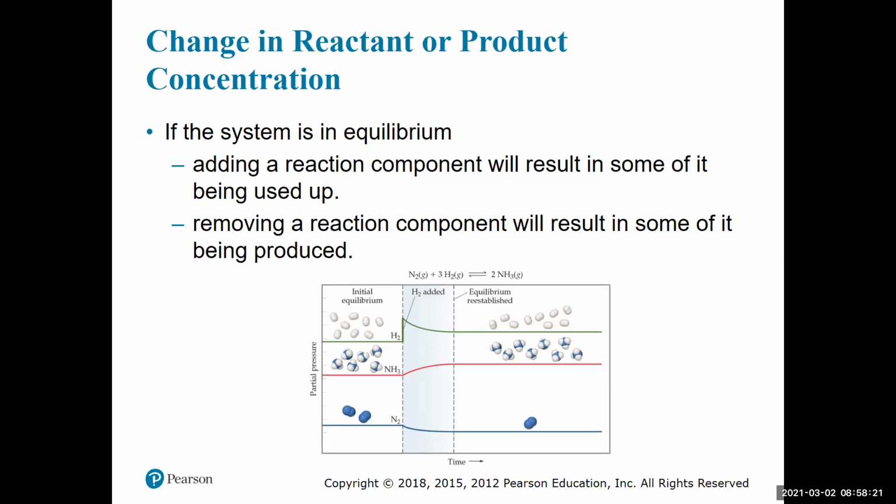So the individual numbers can change within that expression for the products and reactant concentrations, but it's the ratio that has to remain the same, okay? Because the constant is a constant, so it's not changing. So those concentrations, if one of them changes, then the other concentrations will vary in order to get things back to where it wants to be, and establish that equilibrium.